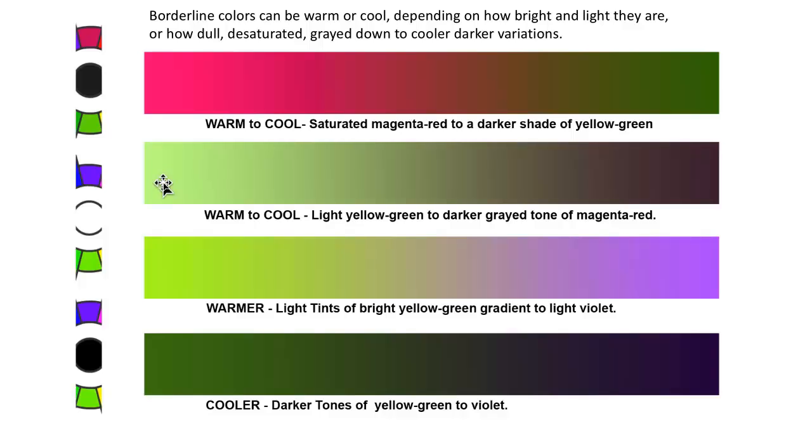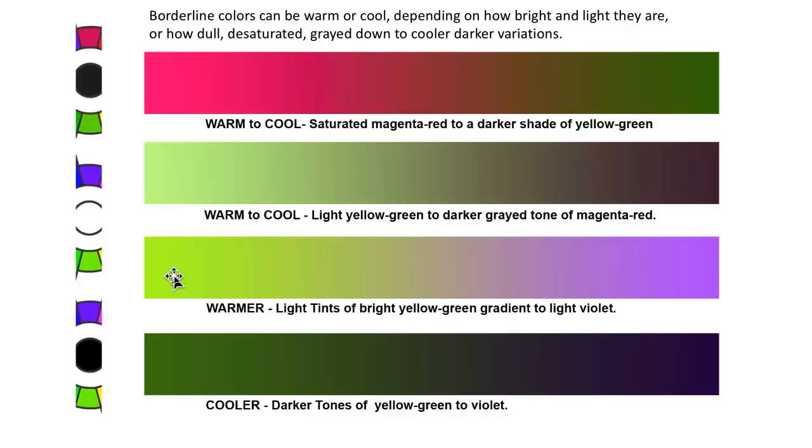Although technically this would still be a cooler color blended to a warmer color, it gives a very different effect than when the color is very, very bright and saturated, like the magenta red color. So you get it, and conversely, the yellow green color, lighter, feels warmer even though it's technically more on the cool side.